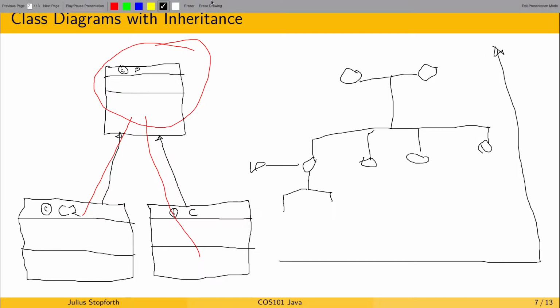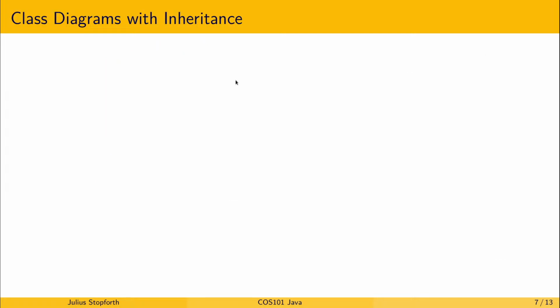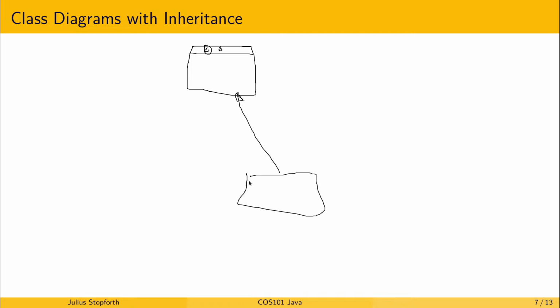All right. So if we have inheritance, then we can do things like class A. Say class A is inherited by class B over here. Just pretend this is a square.